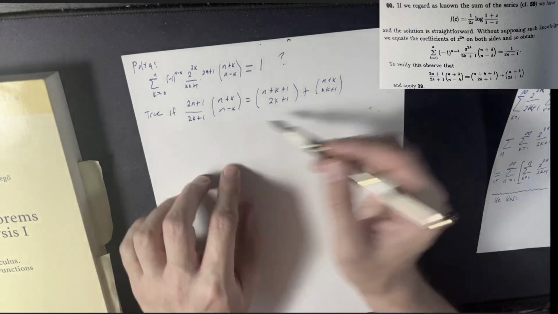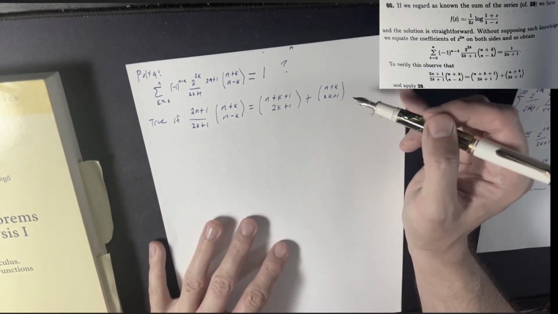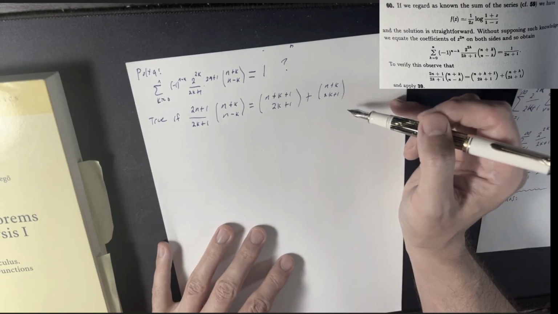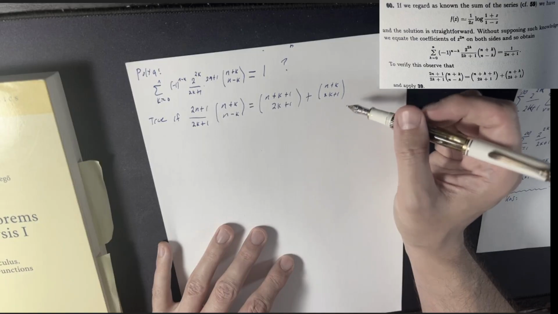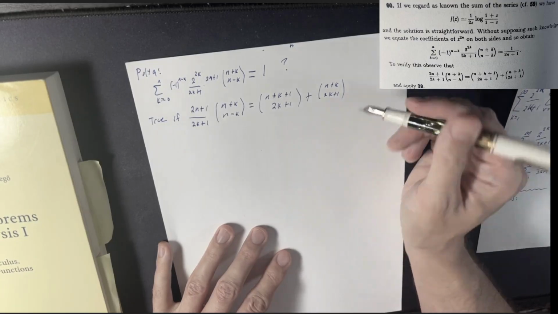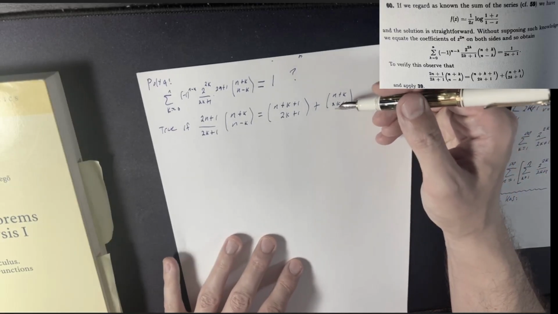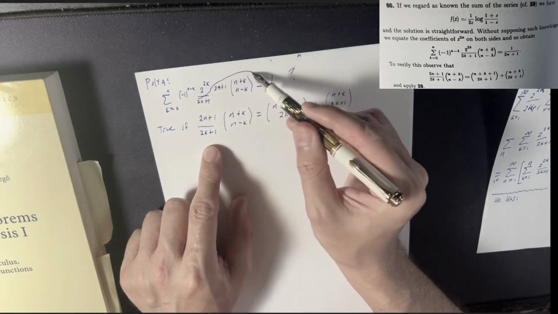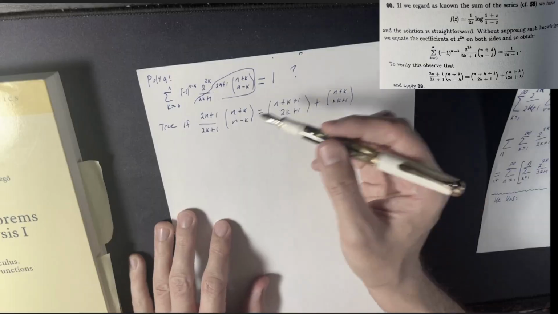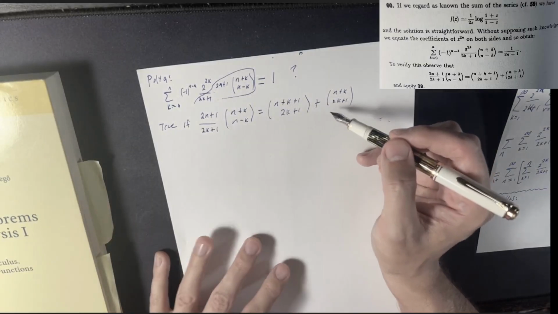So he said, first of all, observe that this is true. But what I noticed is that if this is true, you can of course replace this whole chunk with the right-hand side, right?